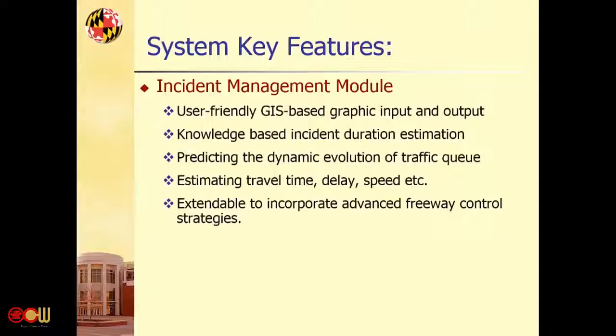So this is an incident management module which includes the following features: GIS-based map graphic input-output. Nowadays, people always use graphics as input and output. A knowledge-based incident duration model prediction, dynamic evolution of traffic queue, estimated travel time, delay, speed, expandable to incorporate advanced freeway control strategy.